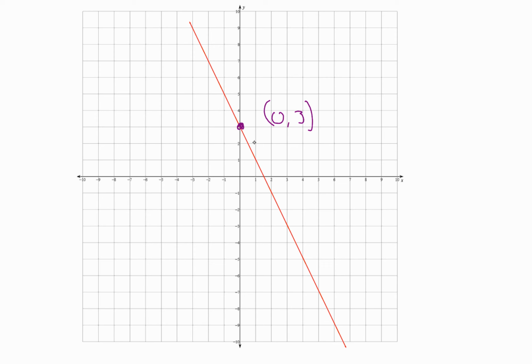Here's a point on the line, and here's another, the ones that are pretty easy to pick out. You can determine, I'm going down 2, I'm going over 1, so my slope is -2. Now writing the equation is not a big deal. It's just y = -2x + 3. Just plug in my slope, plug in my y-intercept, and I'm done.